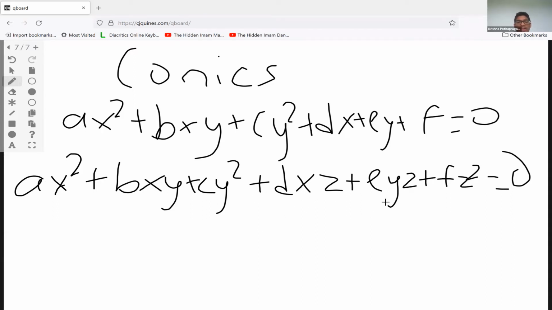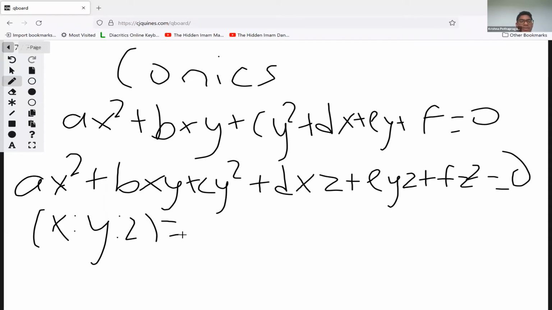For points in the Cartesian plane, we have that z is non-zero. It is homogeneous, first of all, in coordinates, which means that everything has degree 2, right?